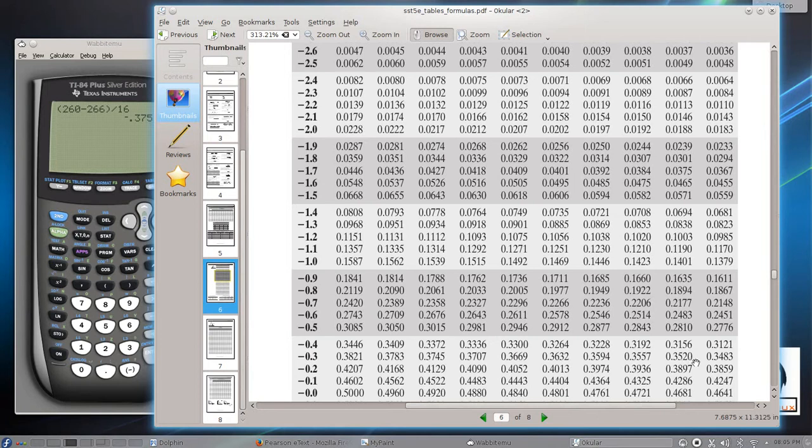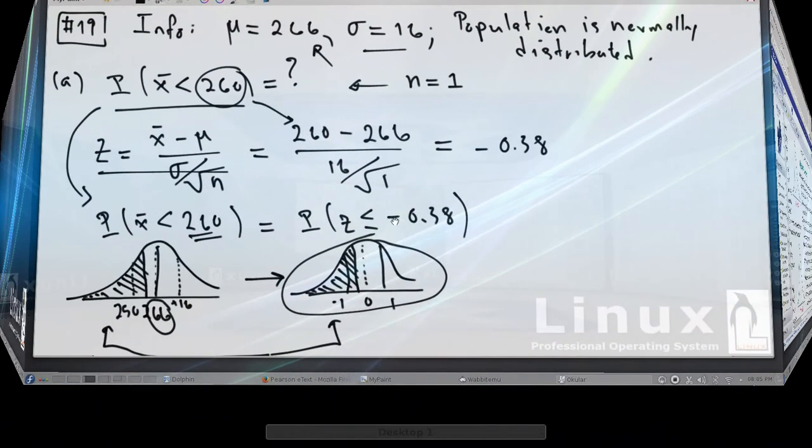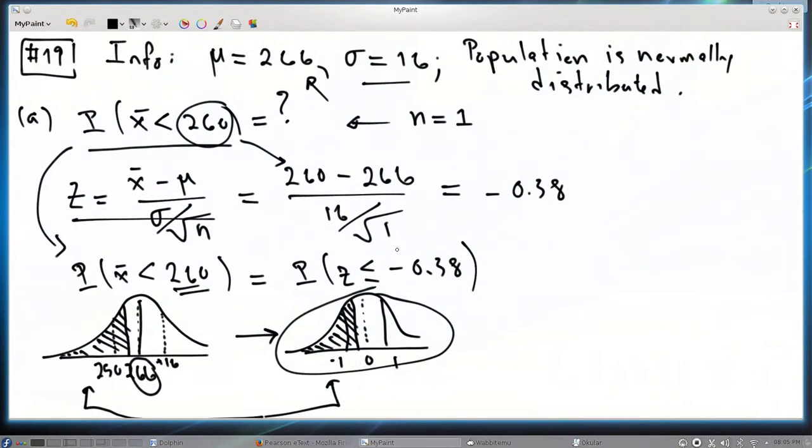There we have 0.3520. That is the answer. So the region under this curve is equal to 0.352, and that is our answer right there.